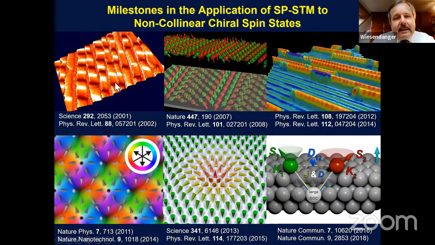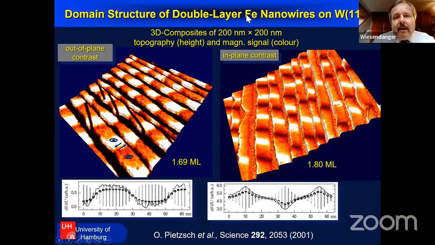I would like to get started with the system I already introduced, namely a double layer of iron on tungsten 110. Now, in contrast to the first example I presented, I'm now going towards a stepped tungsten 110 surface, where we have used step flow growth in order to prepare nanowires of iron attached to the step edges of the tungsten 110 surface.